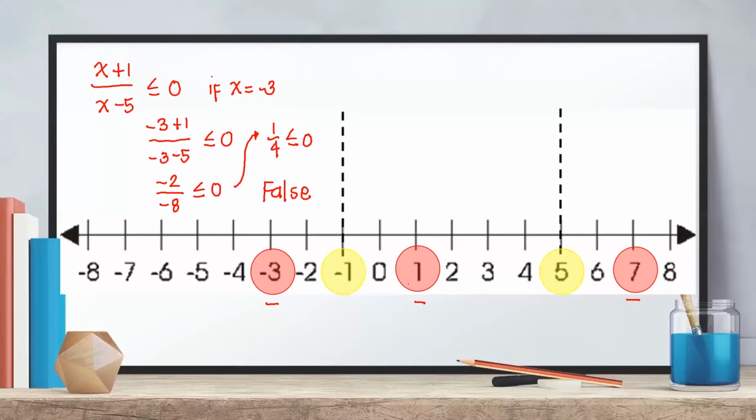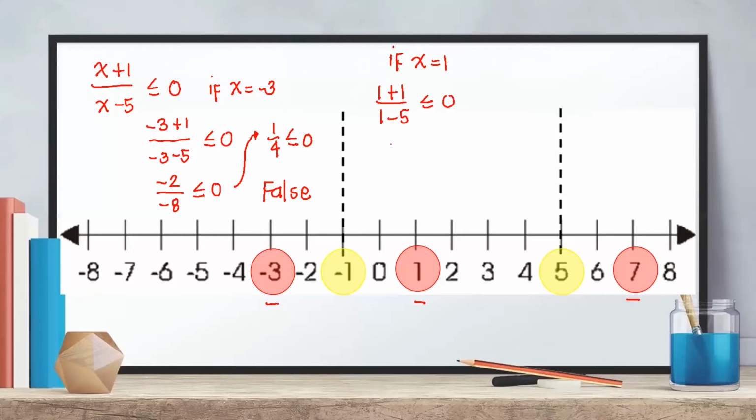This time, we will be using positive 1. We will substitute positive 1 to our given rational inequality. If x is equal to 1, then our rational inequality will become (1 + 1)/(1 - 5) is less than or equal to 0.